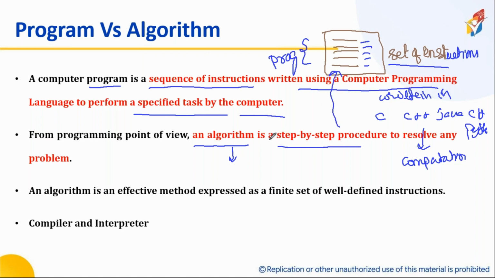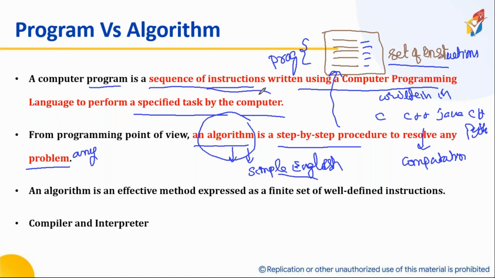Once again, an algorithm is a step-by-step procedure to solve any problem. An algorithm will be written in simple English terminology, whereas a program is a set of instructions written in a computer programming language.